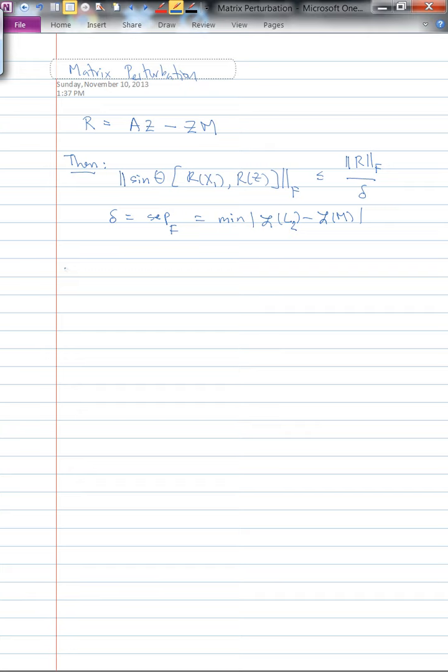So, when is this useful? Well, there's sort of a generic answer. Because we're using the Frobenius norm, it gives a bound that doesn't tell you anything about individual singular values. So in particular, it doesn't tell you anything about individual angles. So if the dimension of x1, and therefore of z, is small, this result can give useful bounds.